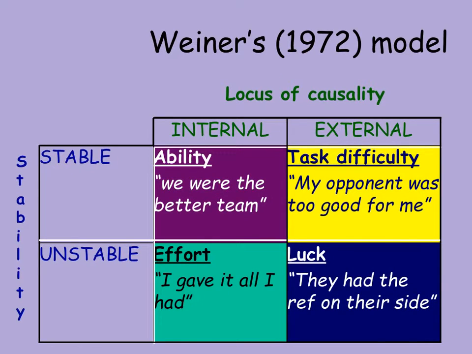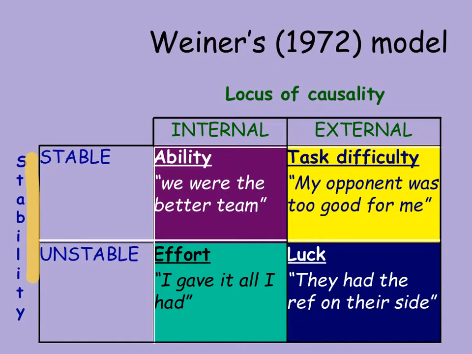Okay, so Weiner's model of different attributions. We're looking at on this side the locus of stability, so whether the attributions made are stable or unstable, so whether they change or whether they don't change.